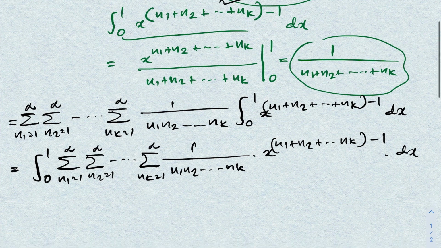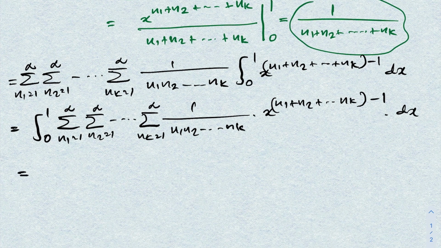Now here we have x to the n1 plus n2 plus nk minus 1. So we can write x to the n1 plus n2 plus nk times x to the minus 1. It means 1 over x. So 1 over x we can write outside of the sigma notation.